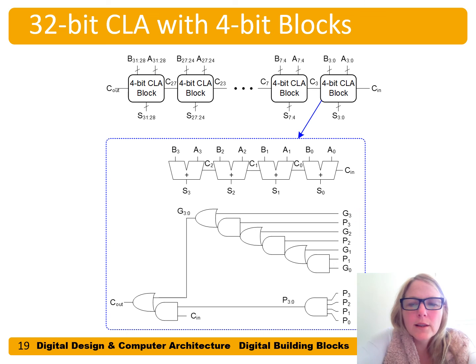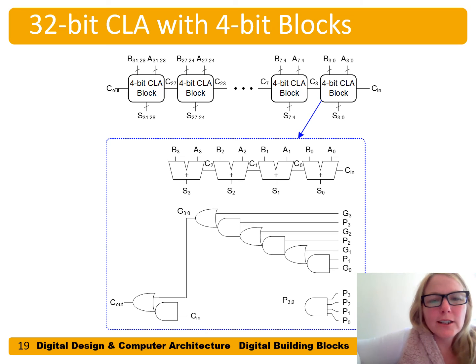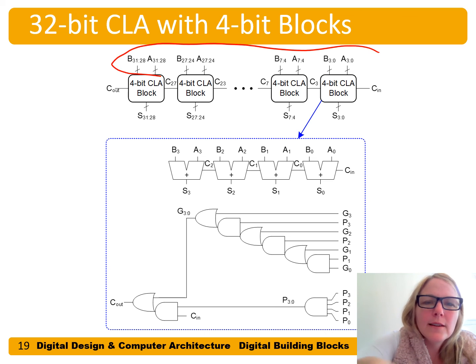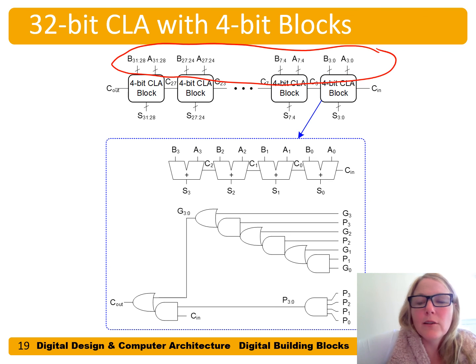So how does this work? It seems like there are a lot of gates down there too. So did we really make it faster? Well, let's look at the big picture here. What happens at first? All of the A's and B's, A sub 3, B sub 3, A sub 2, all of those, are available at time t equals 0.